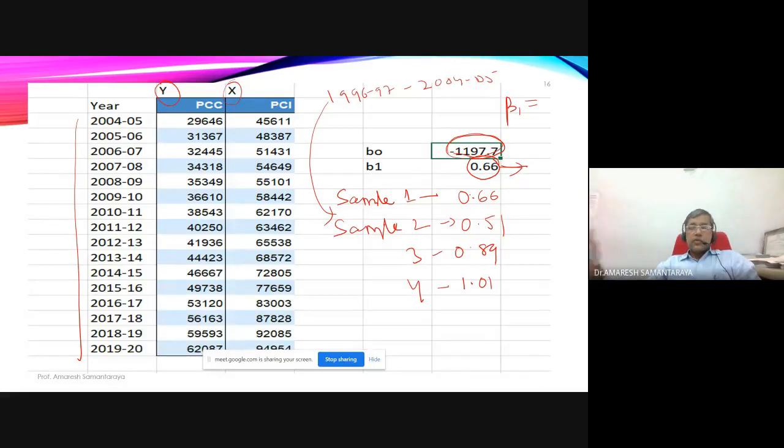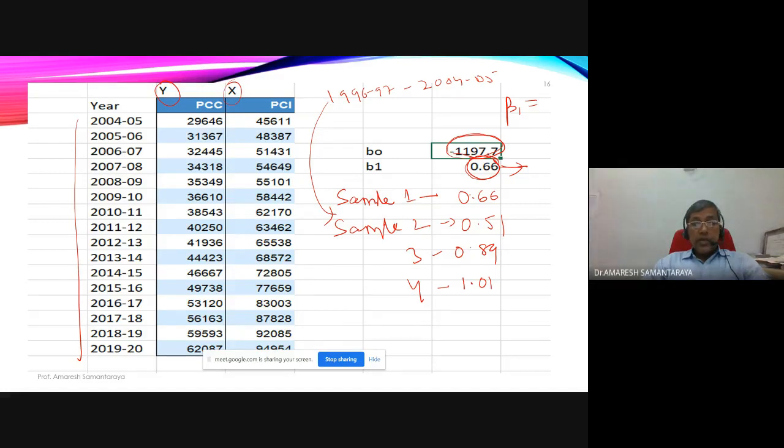Is it 0.1? I can never say with guarantee or 100% confidence. What I can say, given this value of B1 as 0.66, is that it is part of a random distribution. Why part of a random distribution? This is again critical to understand.